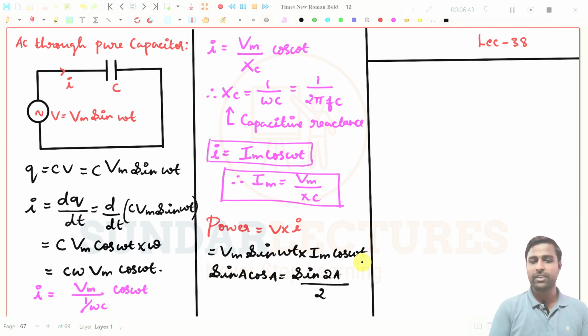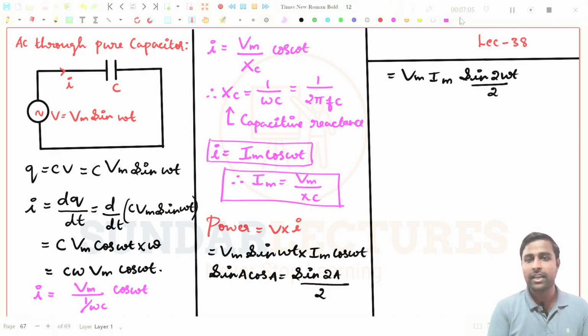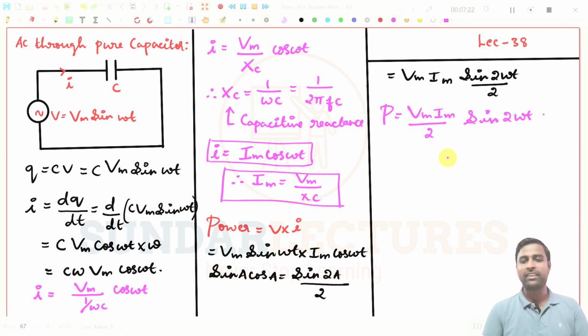So finally we can write Vm Im, and instead of A we have omega t, so sine of 2 omega t divided by 2. Power can be written as Vm Im by 2 sine of 2 omega t. This is the final expression for the power in the capacitive circuit.